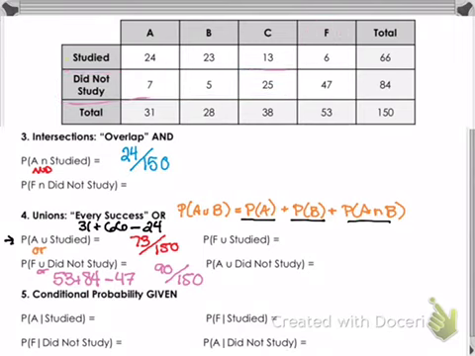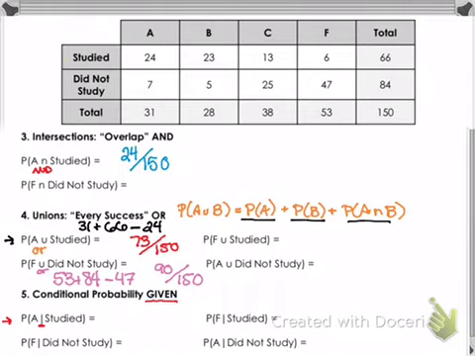So here's the weirdest thing about conditional. Conditional is the only probability type that isn't out of the total. So conditional is what we say when something is given. The probability of A given studied. So what this means is it's asking, what is the probability a student got an A given that they studied?